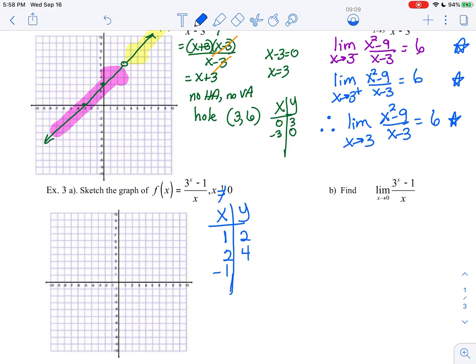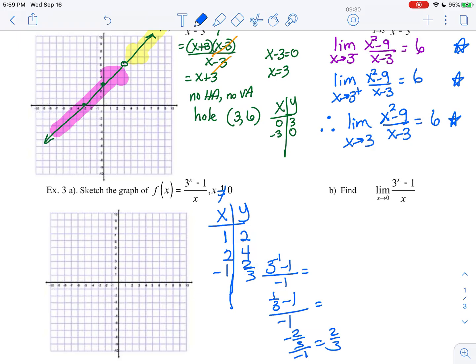Let's kind of go on the other side and see what happens. If you get 3 to the negative 1 minus 1 over negative 1, that's 1/3 minus 1 over negative 1. Negative 2/3 over negative 1, that's still positive 2/3.